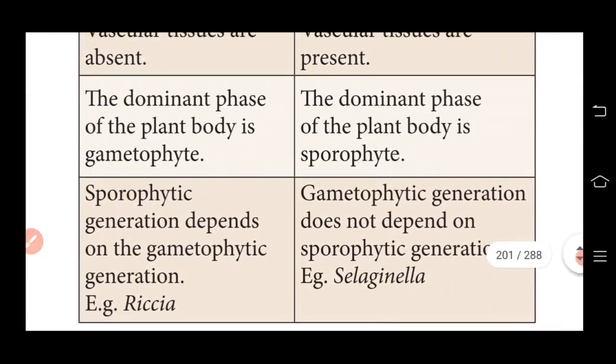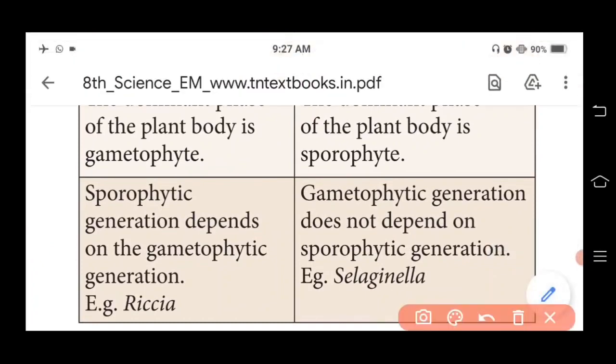Last point, in bryophytes the sporophytic generation depends on the gametophytic generation, example Riccia. In pteridophytes, the gametophytic generation does not depend on the sporophytic generation, example Selaginella.